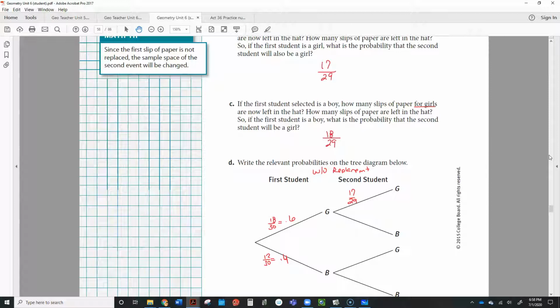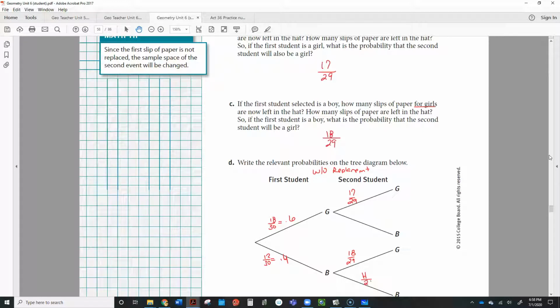Now, if we pull a boy's name out of the hat, I no longer have 30 students, I only have 29, but I had 18 girls to begin with. I pulled out a boy, so I still have 18 girls. And down here, I originally had 12 boy names, but I pulled a boy's name out, so now I only have 11 boys' names.